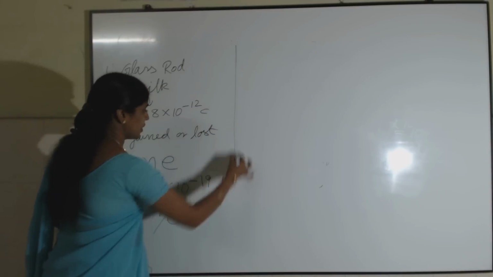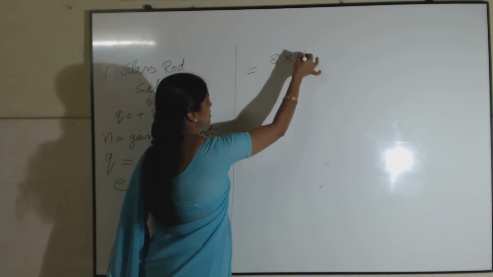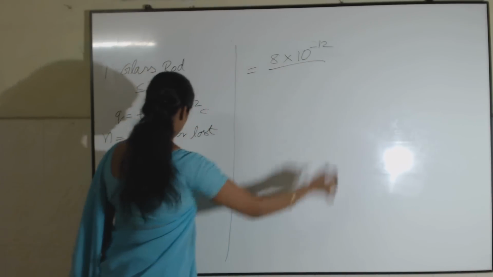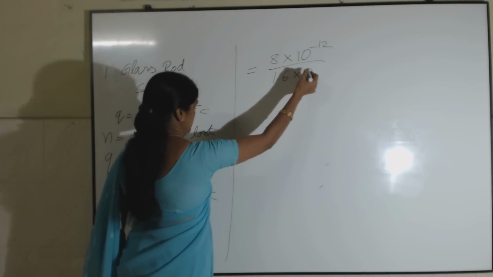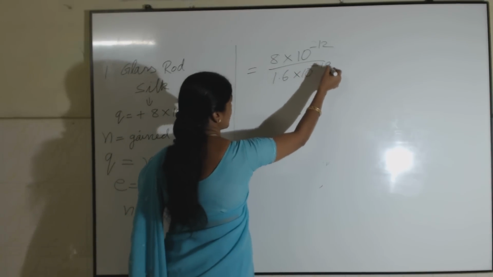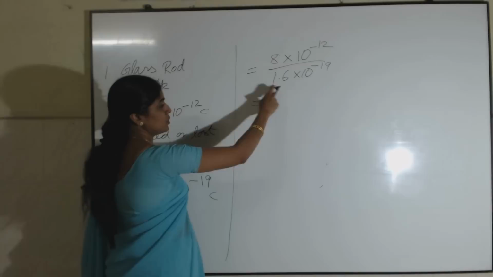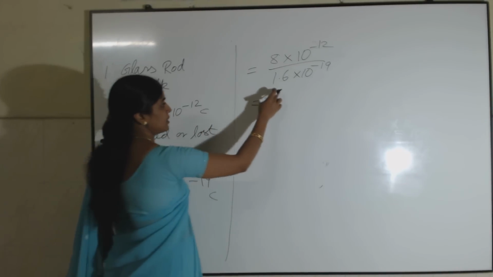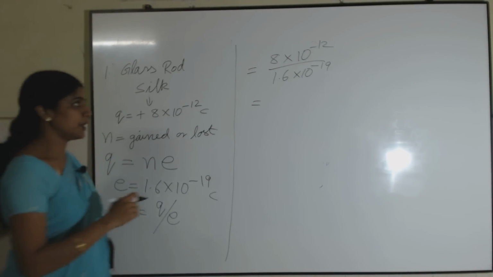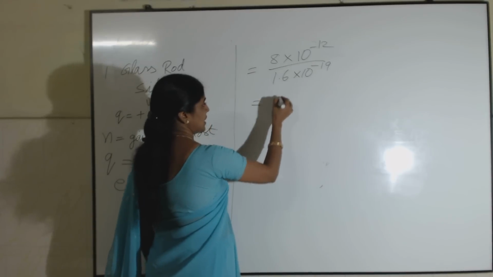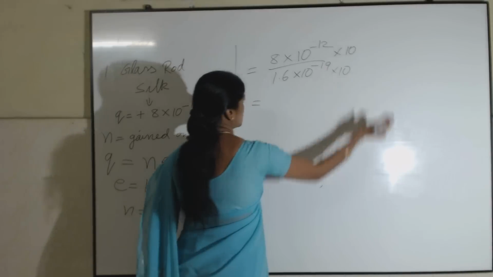So what is the value of Q here? 8 into 10 power minus 12 by 1.6 into 10 power minus 19. So I can remove this decimal point in the denominator. If I want to remove the decimal point in this denominator, I multiply by 10. If I multiply by 10 here, the numerator also I should do the same change.